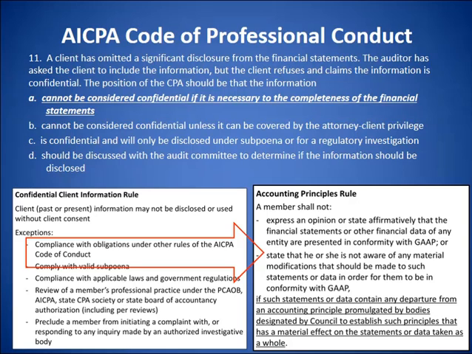The position of the CPA should be that the information, and the answer would be A, cannot be considered confidential if it is necessary to the completeness of the financial statements. And again, we see the exception to the confidential client information rule, where the auditor has to comply with the obligations under any other rules of the AICPA Code of Conduct.